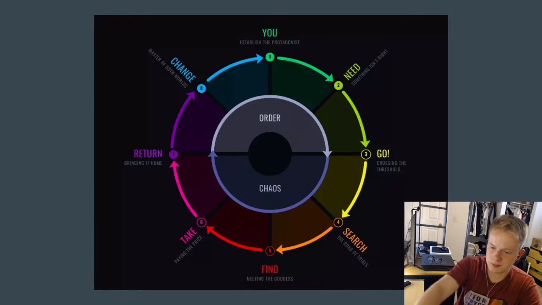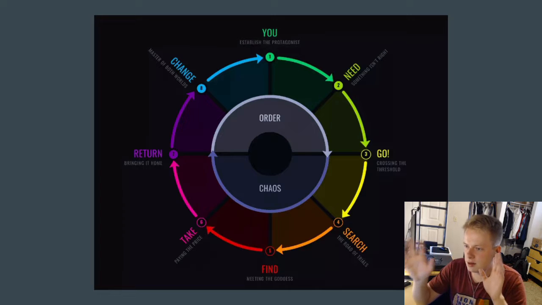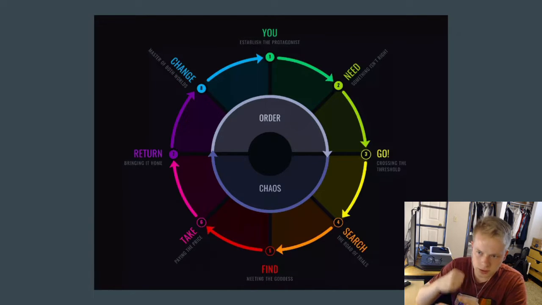It starts with you, the protagonist, up here. You establish who your characters are. Then you establish a need, right? There's something going wrong, something worth doing something about. Go. They cross the threshold. Motivated by this need, they decide to go and do something to try and fix it.